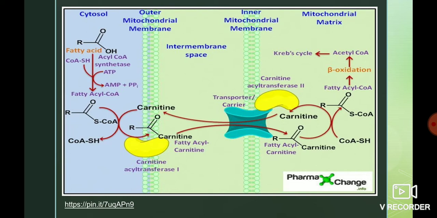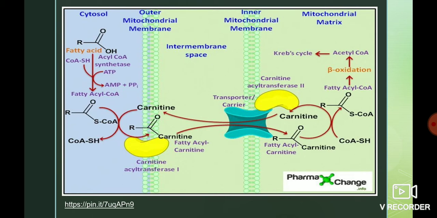Now acyl-carnitine is ready to shuttle inside through a carrier protein. The blue box shows the carrier transport protein, which is located in the inner mitochondrial membrane. Now, finally, acyl-carnitine has reached inside the mitochondrial matrix, and again there is going to be a reverse process.